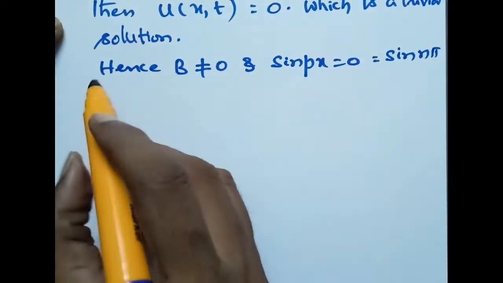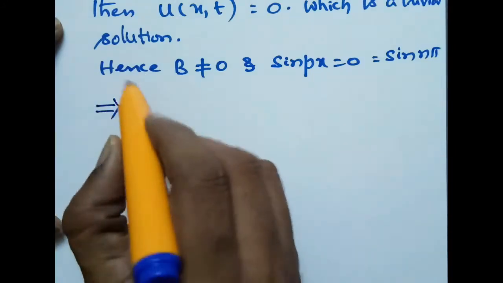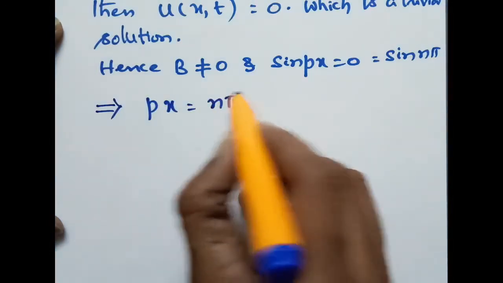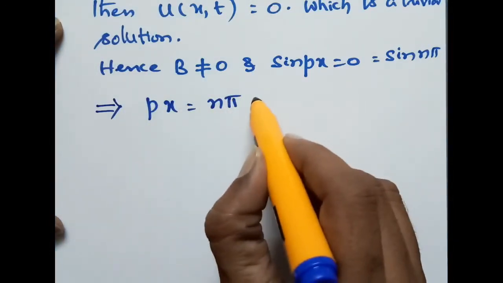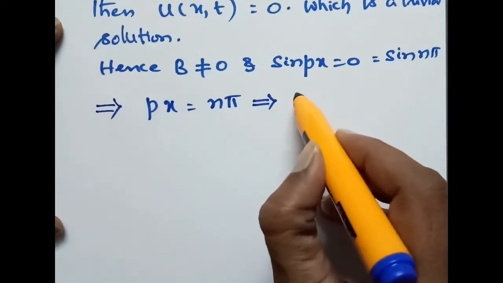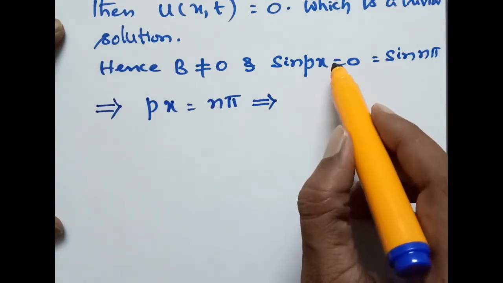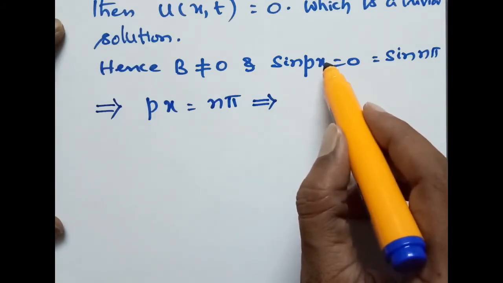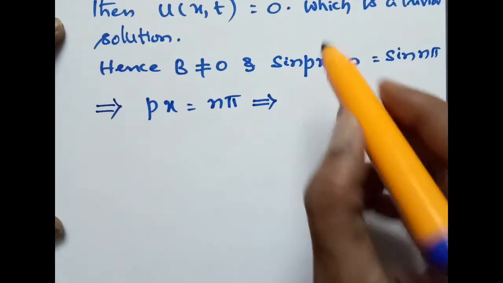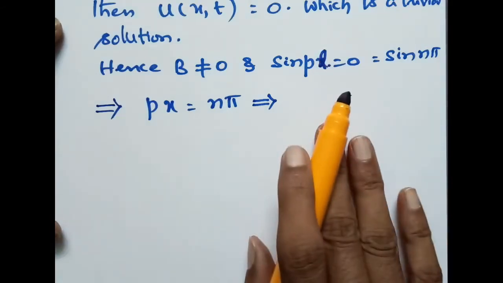This implies px is equal to n pi. Here not x, L, because we have substituted x is equal to L. We forgot to write L here.